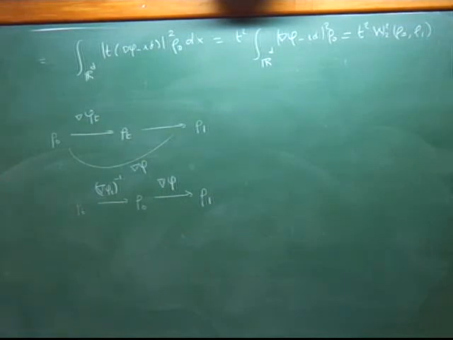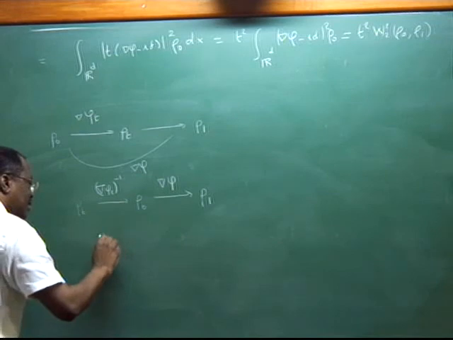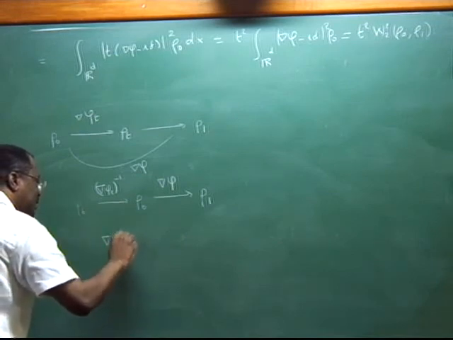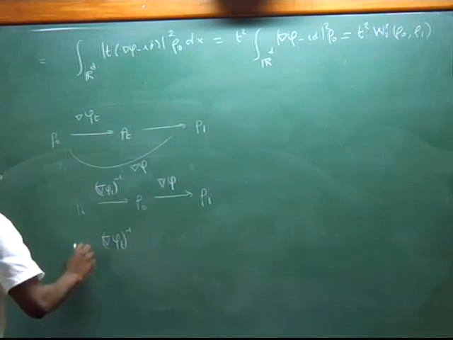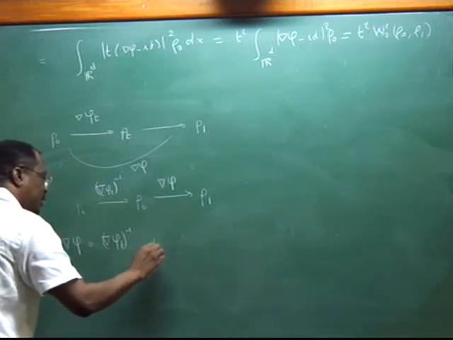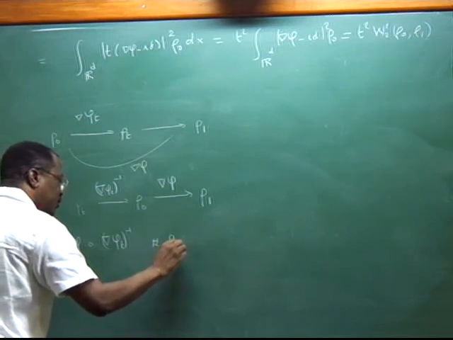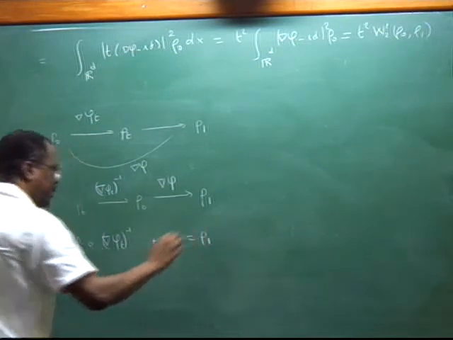So the gradient of phi t inverse, composed with the gradient of phi, is a map which is going to send rho t to rho 1.